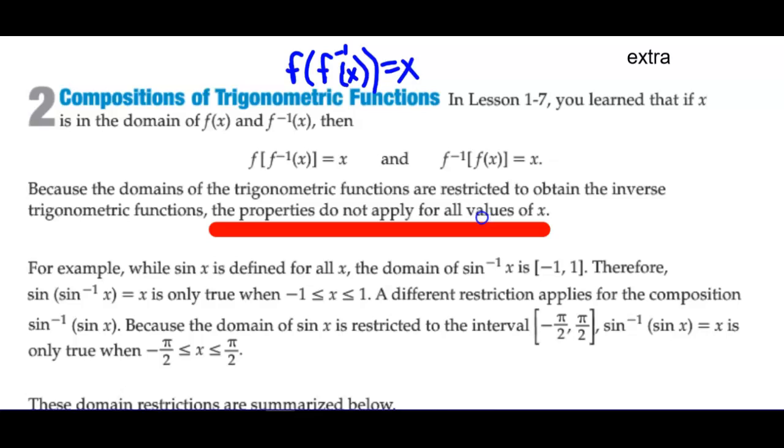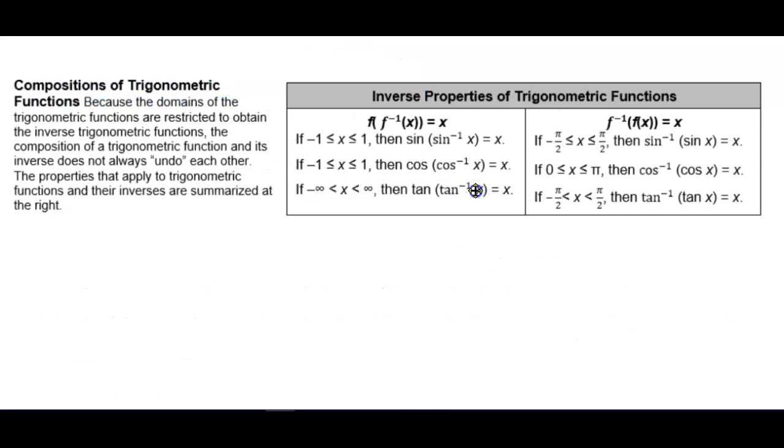Okay, you have to take them slowly and think your way through it here. This is when it does happen, but I don't want to memorize all this, okay? It says, because the domains of trig functions are restricted in order to obtain inverse trig functions, the composition of a trig function and its inverse trig function does not always undo each other.